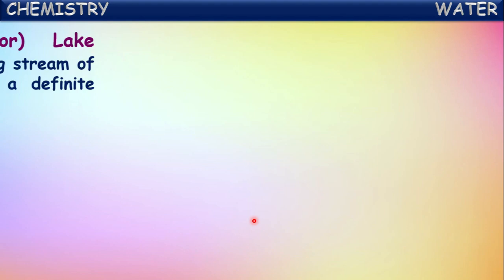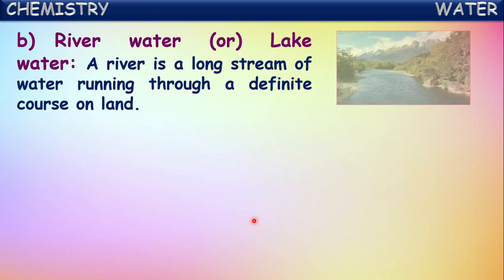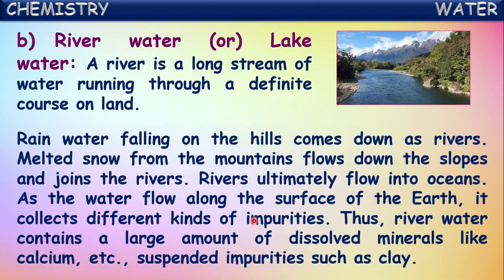Okay. Next, river water. One of the surface water forms is river water or lake water. A river is a long stream of water running through a definite course of land. Rainwater falling on the hills comes down as rivers.